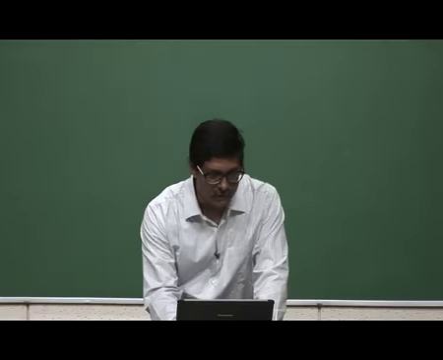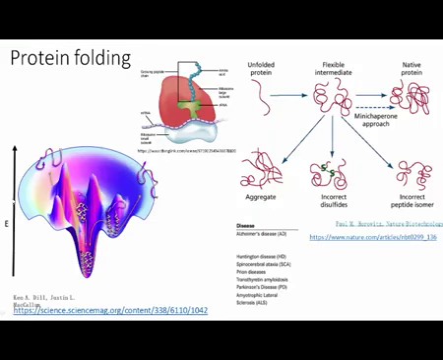So, here is a funnel, okay, which shows at the top here is the energy. So, energy is very high right here, and then these are some of the tunnels and loops and crevices to which the energy is minimum.